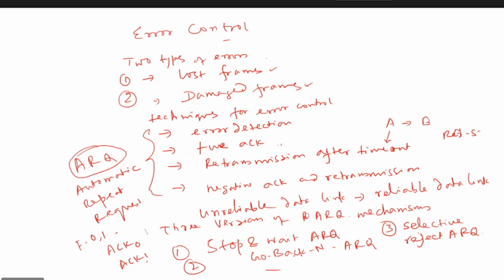Collectively, all these mechanisms are called ARQ mechanisms. ARQ: automatic repeat request. There are three ARQ mechanisms: stop and wait ARQ, go back N ARQ, and selective reject ARQ.